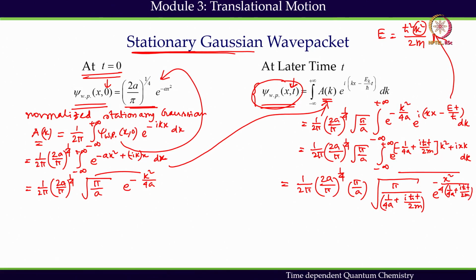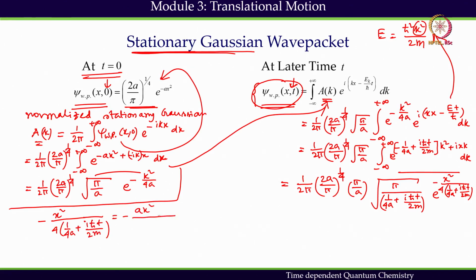So this part, minus x square by 4 into 1 by 4a plus i h cut t by 2m, this can be written as ax square divided by 1 plus 2i h cut t a by m.